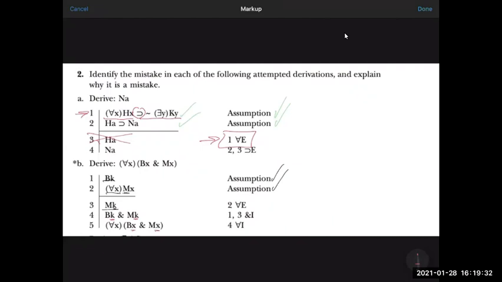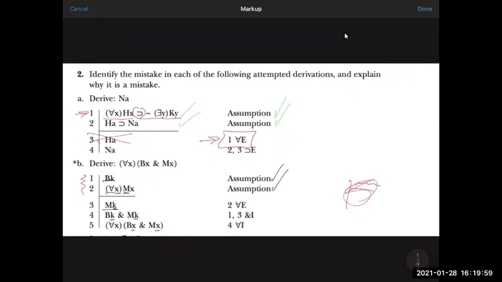Number 1, K cannot occur in an open assumption. What does that mean? Basically, it can't appear over here, right? Or if you have any subderivations, it shouldn't be in here either. But there's no subderivations here. In any case, the very first thing you have to check for when doing universal introduction is that the individual term that you're getting rid of doesn't appear in the open assumptions.